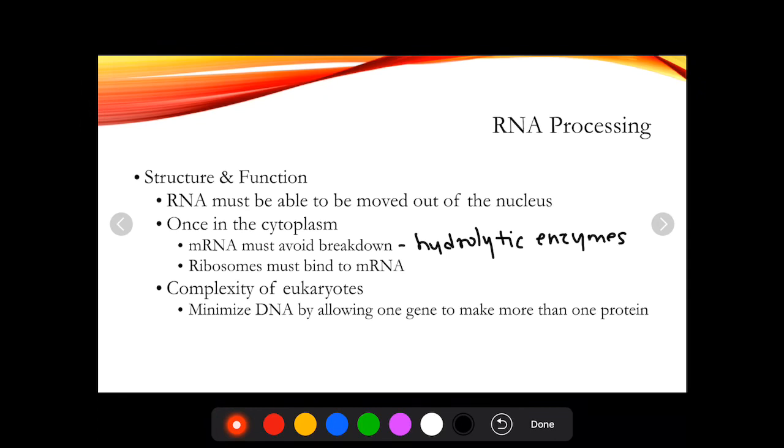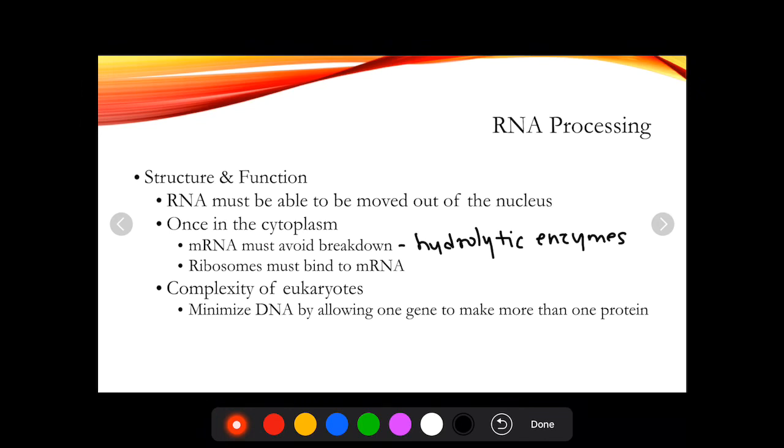If you are a cell, why would you want to make sure that there are no nucleic acids in your cell? Because that's usually a sign of invaders, some kind of pathogen. So this is really great for our immune systems to be able to make sure that we don't get viruses.